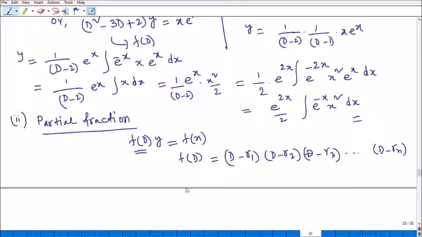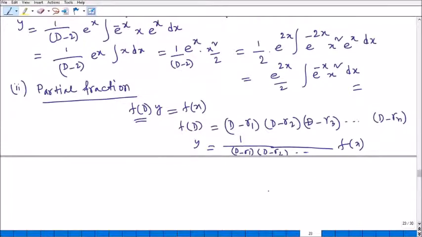So we can write this. That is y equal to 1 by d minus r1, d minus r2, and so on, operating on f of x. So here this term is actually written in terms of partial fractions.